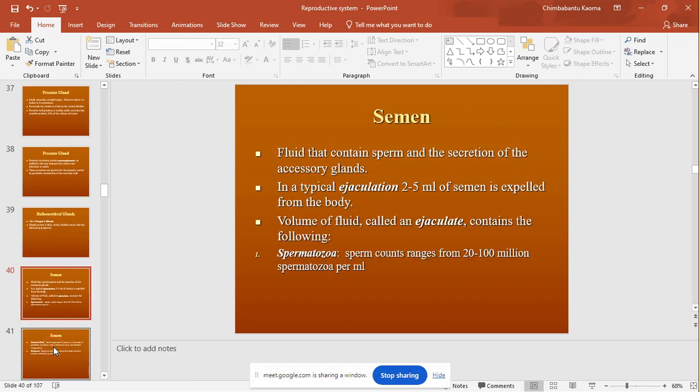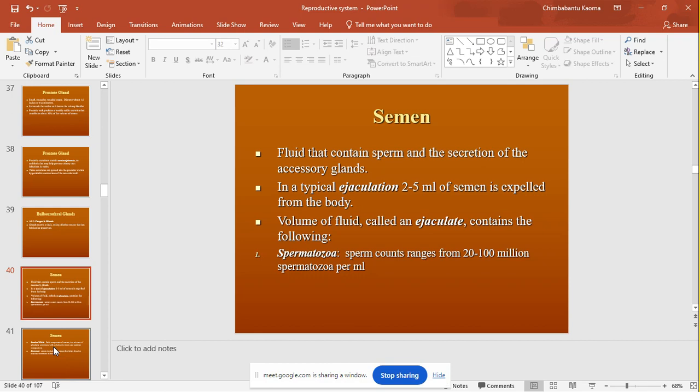All right. So we can quickly talk about the ejaculate or the semen itself. The ejaculate is said to be around two to 5 mL, and this is the fluid that is basically released at the height of sexual arousal. It contains about 20 to 100 million spermatozoa per mL.